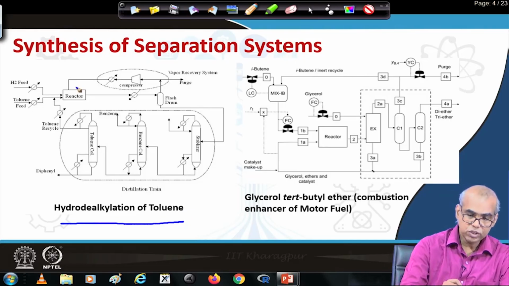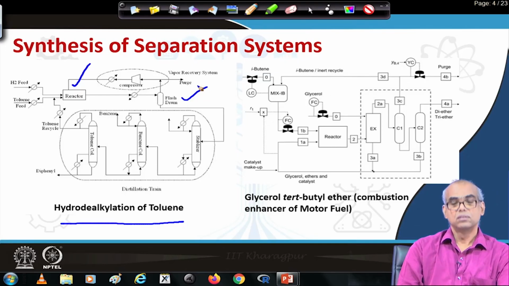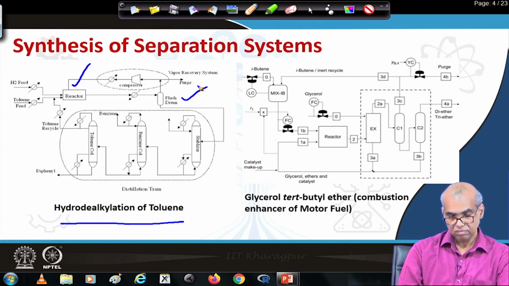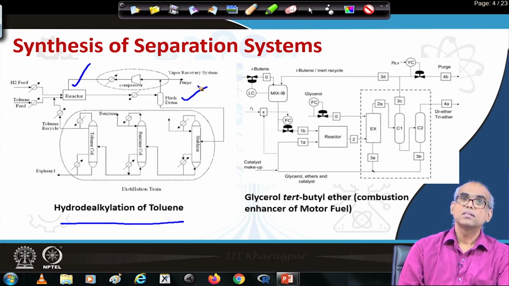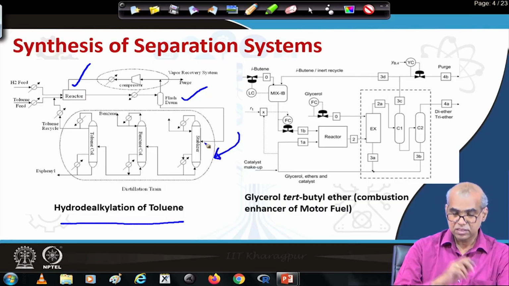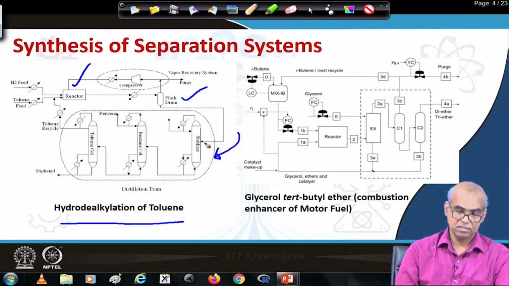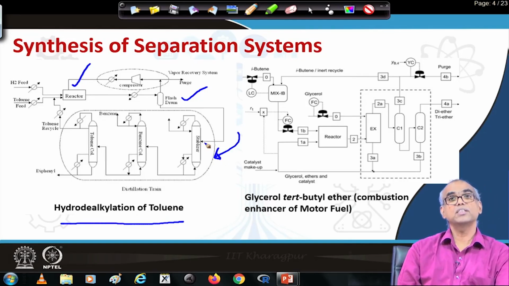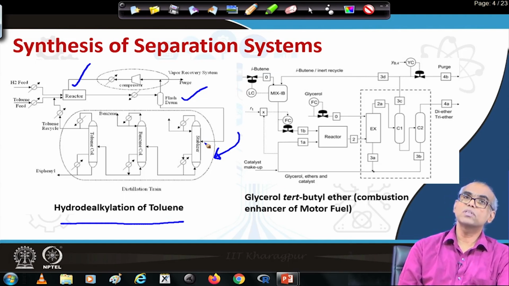Now, the effluents from the reactor undergo a phase separation, and then the separated liquid phase passes through a distillation train, a sequence of distillation columns.